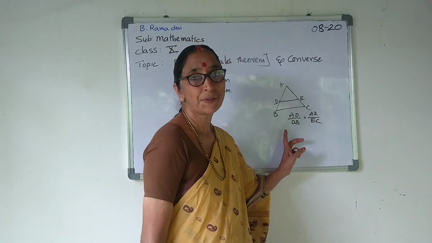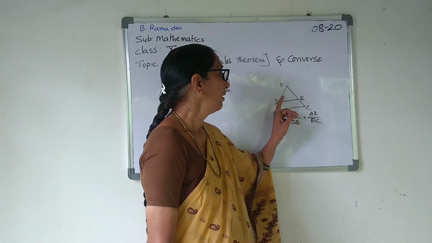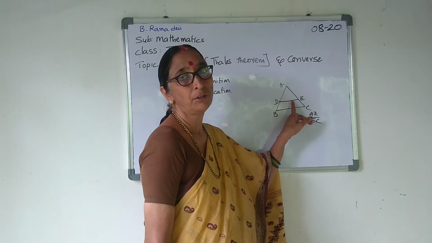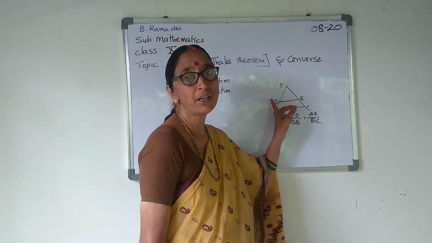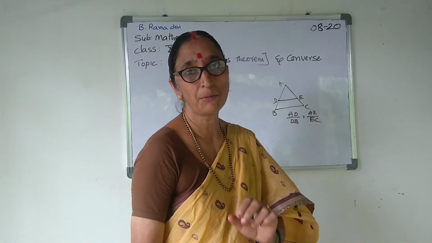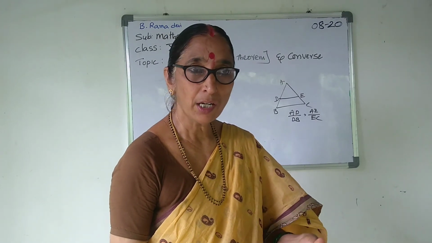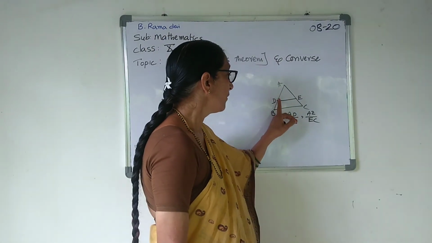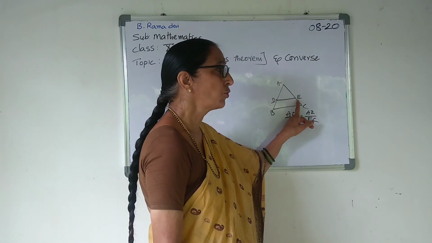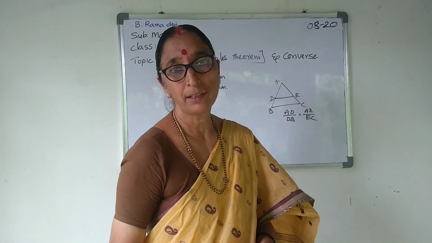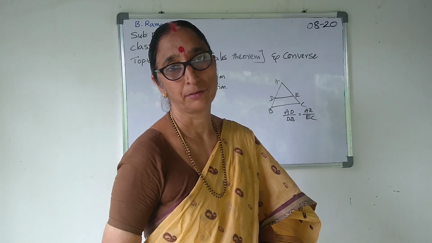What is the difference? If a line is parallel to one side, it divides the other two sides in the same ratio is the basic proportionality theorem. And its converse is, if a line divides two sides in the same ratio, it will be parallel to the third side.